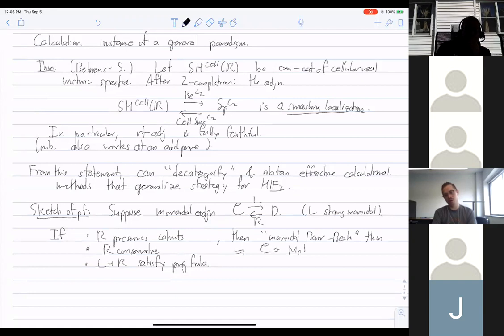C is equivalent to modules. Excuse me, I had it right the first time. D is equivalent to modules taken in C with respect to the algebra object R of the unit of D.